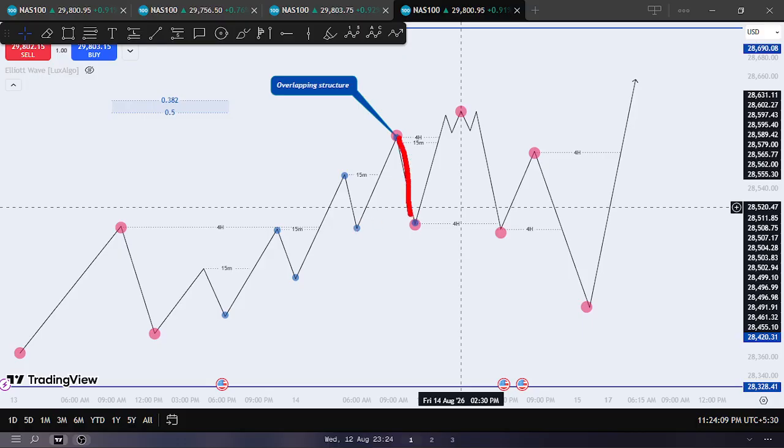After this we had that pullback, then we had a 4-hour breakout structure. Okay, you say okay, fine, what changed? Then your 4-hour structure fails, right? Because this should be a strong low while this should be a weak high.